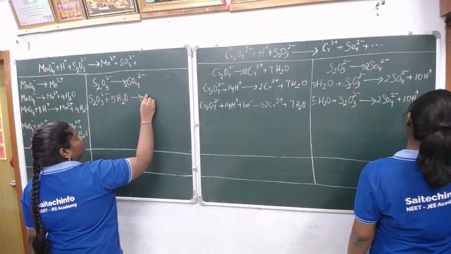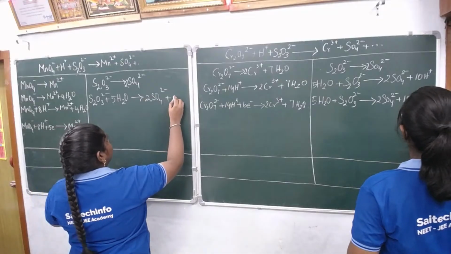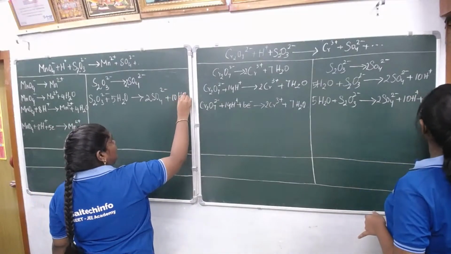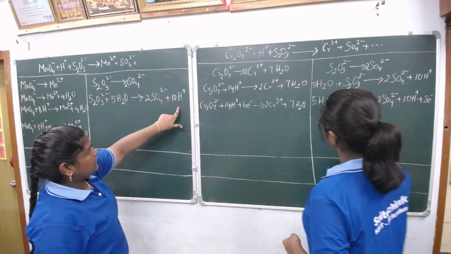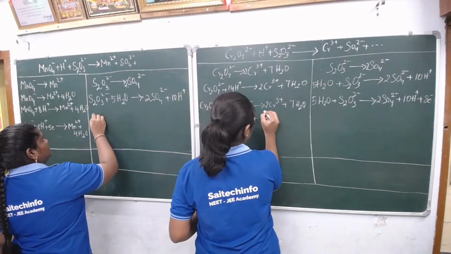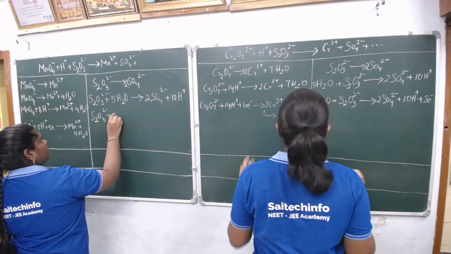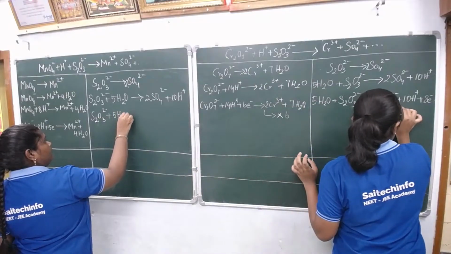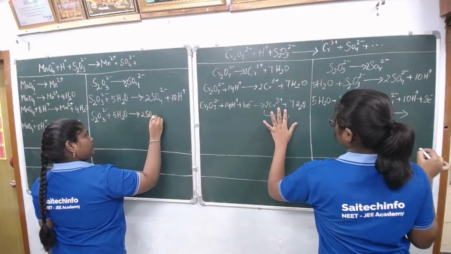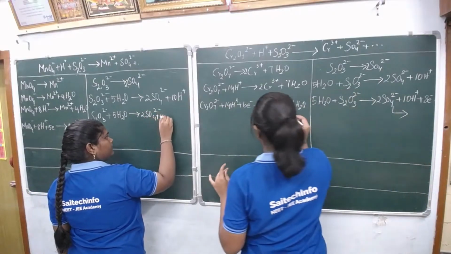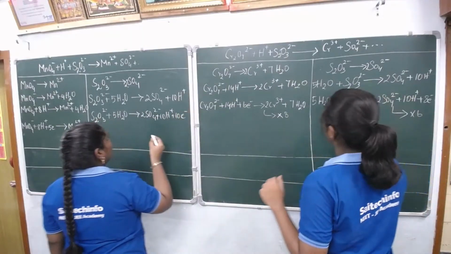So 8 oxygen. We are adding 10 H plus because we are adding 5 twos are 10 hydrogen here. So on this side also we need to add 10 hydrogen. Then we need to balance the electrons. We are adding 10 electrons here because of.